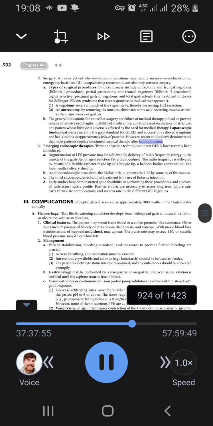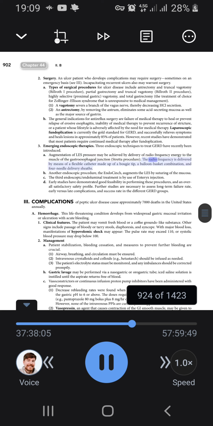3. Emerging endoscopic therapies. Three endoscopic techniques to treat GERD have recently been introduced. A. Augmentation of LES pressure may be achieved by delivery of radiofrequency energy to the muscle of the gastroesophageal junction. Stretta procedure.